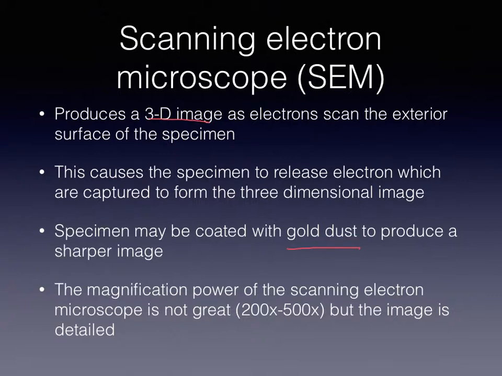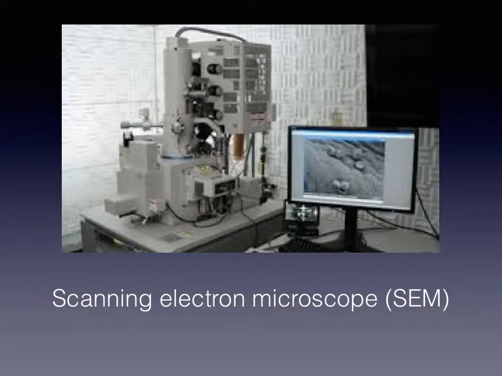Magnification power for a scanning electron microscope is not great. It's only about 200 to 500 times, so it's even less than what you see in your light microscope. But the image itself is detailed. So this is an example of what it would look like, and it would come up as a 3D image on a computer screen.